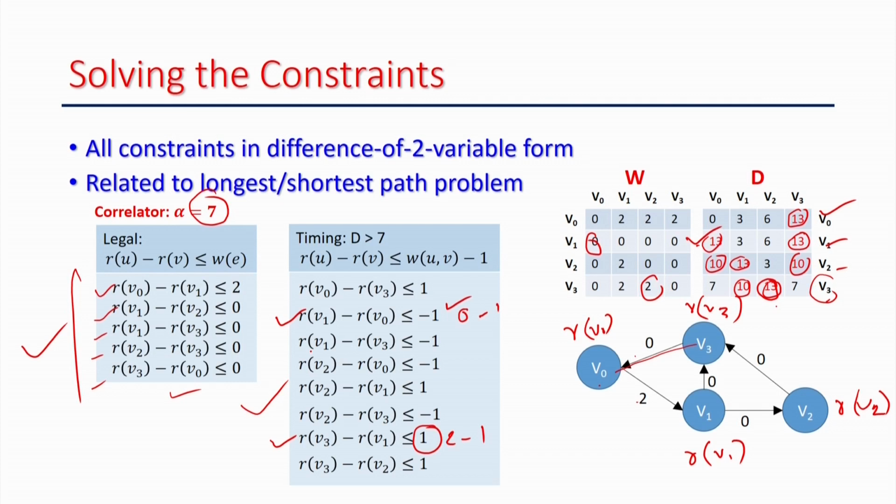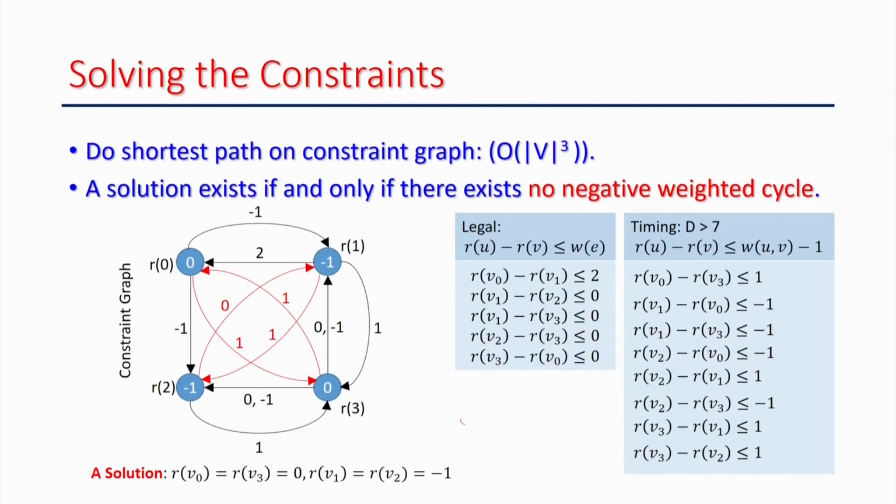So, now I am going to solve these constraints. If you solve these constraints, I will get the values of R(V0), R(V1), R(V2), R(V3), right. For that I already discussed how to solve a set of inequalities using a shortest path problem. So, I construct a constraint graph as I discussed earlier from all these constraints, and then I apply a shortest path algorithm like single source shortest path Bellman-Ford algorithm or Floyd-Warshall algorithm to get those values, right.